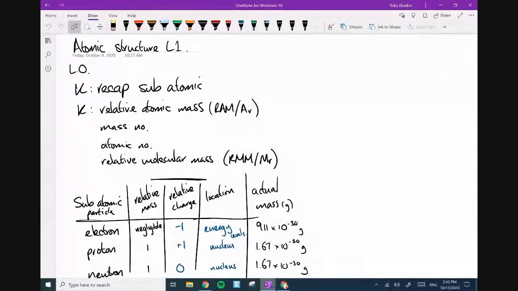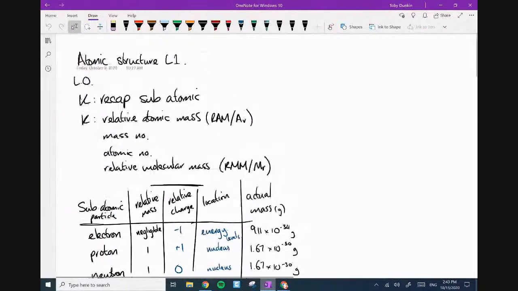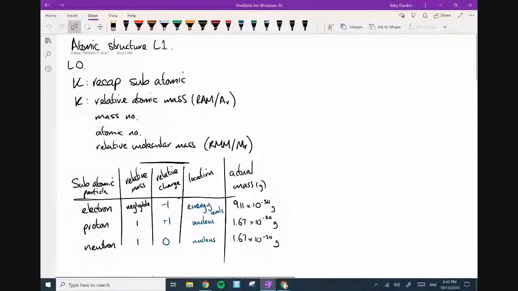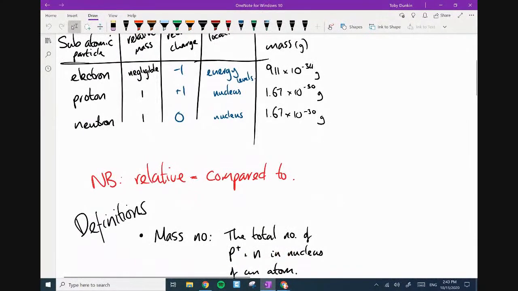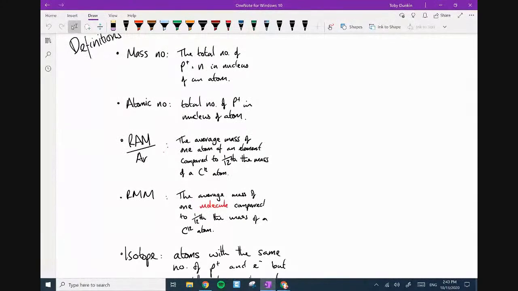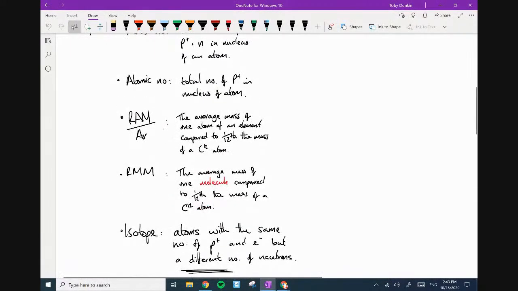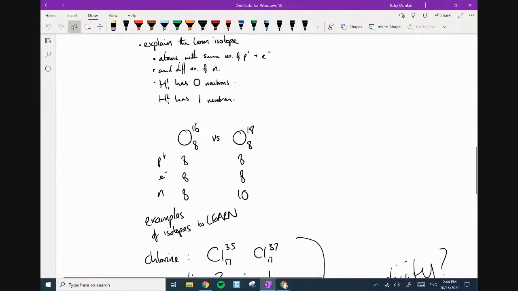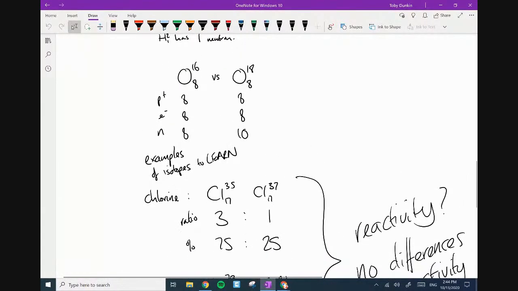There we go. Okay, these are what we covered last lesson. We recapped atomic structure. We talked about where everything was, masses in grams, and also relative. We also came across all of our definitions: mass number, atomic number, relative atomic mass, relative molecular mass, isotopes. And then we talked about the examples of isotopes which you need to know.